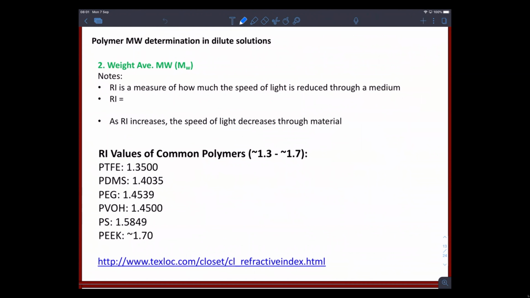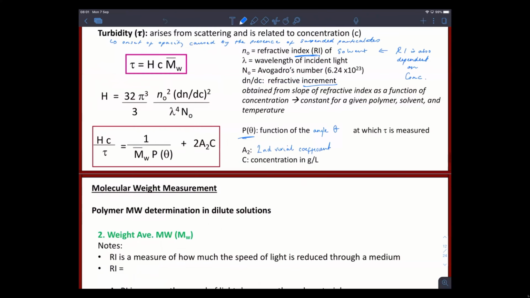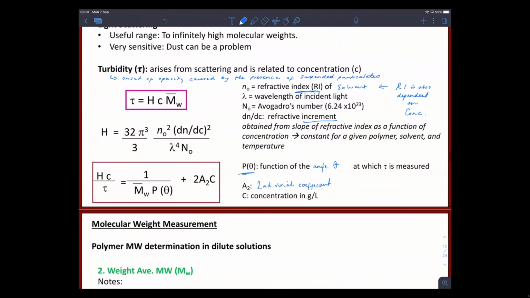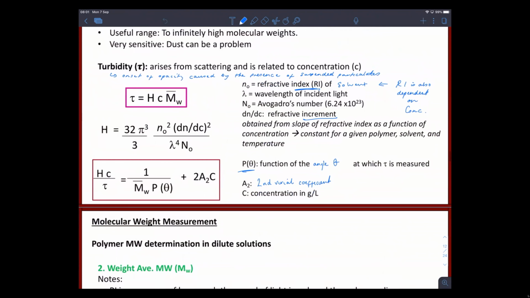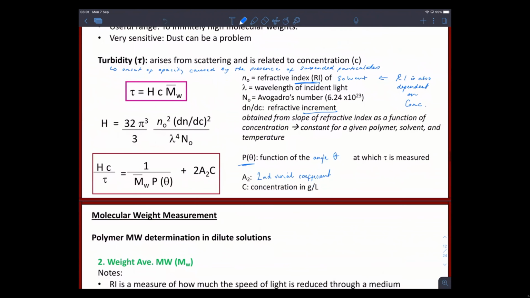So we saw the turbidity equation last lecture for calculating the weight average molecular weight. We talked a little bit about the refractive index. The refractive index is a good measure of the turbidity.